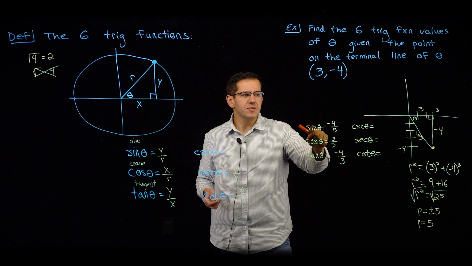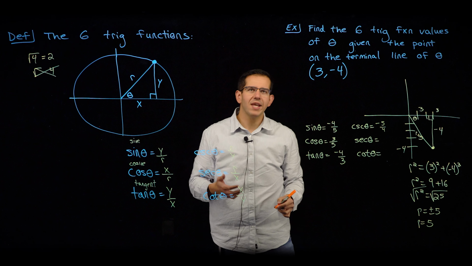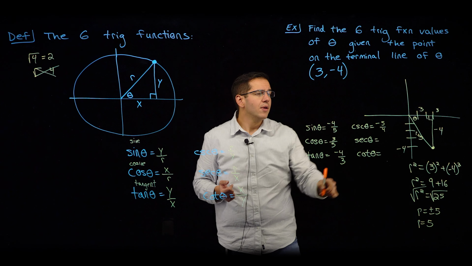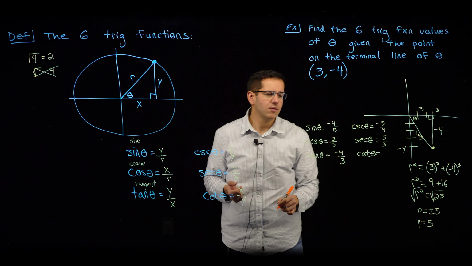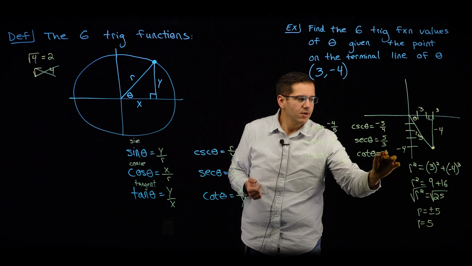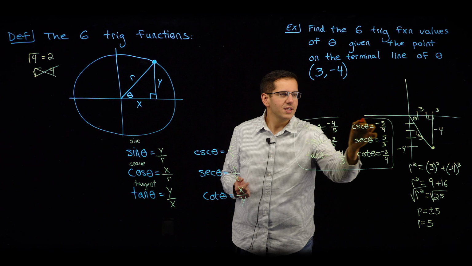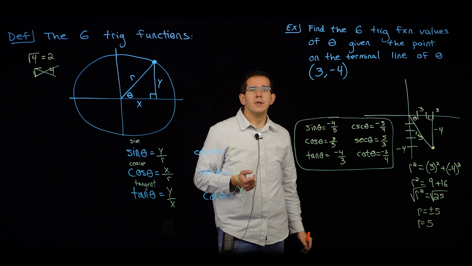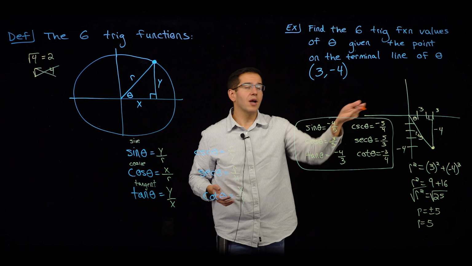Cosecant is the reciprocal of sine. You would get negative 5 over 4, since we don't leave negatives in the denominator. For secant, you would get 5 over 3. And for cotangent, you would get negative 3 over 4. And this is our list of values that tell us the 6 trig function values of our angle theta.